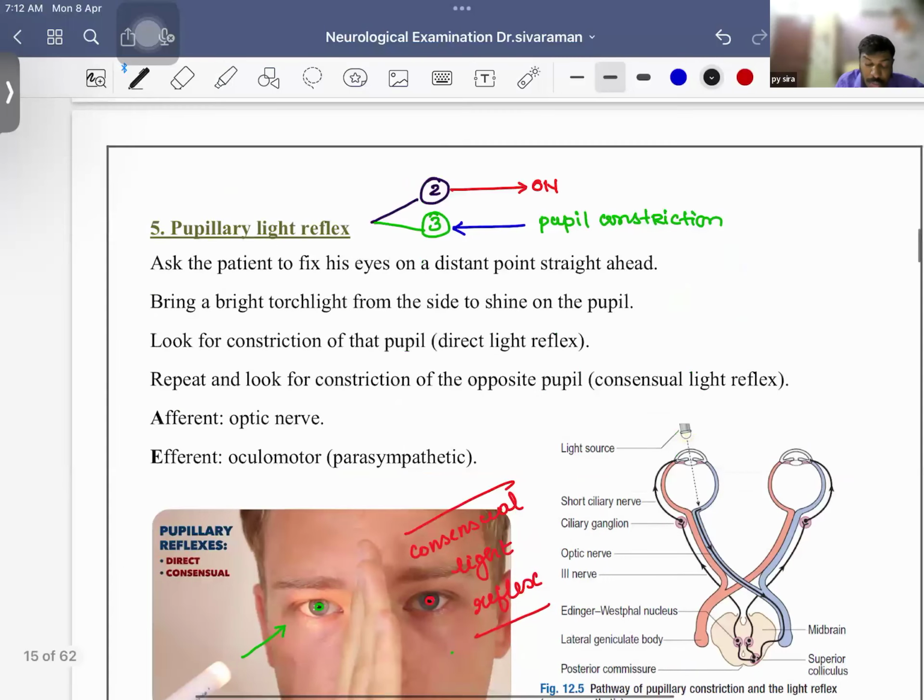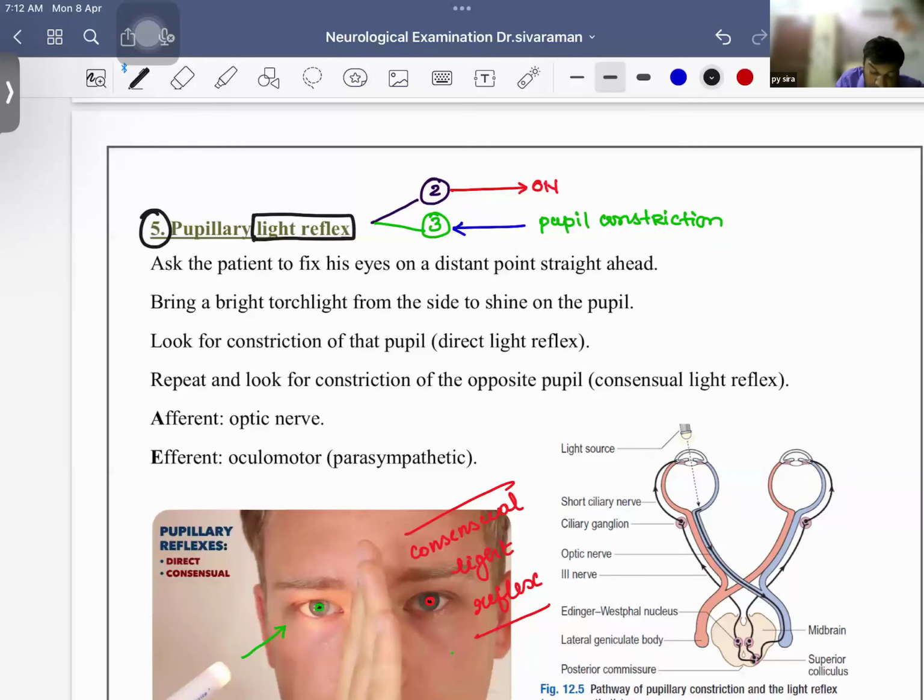The next is the pupillary light reflex. This light reflex can be done either here or under superficial reflexes. Here we have an afferent and an efferent. The afferent is the optic nerve, the second nerve, and the efferent causes pupillary constriction, which is the third nerve.